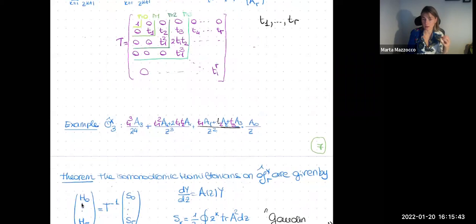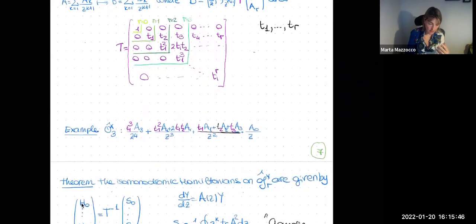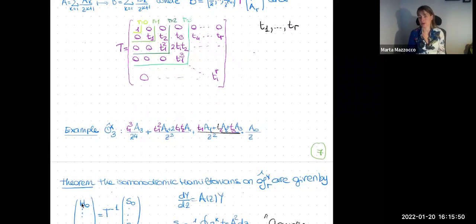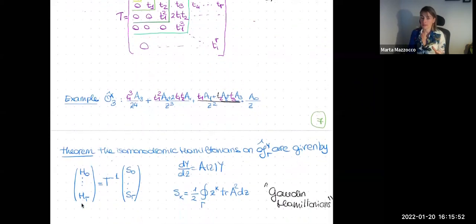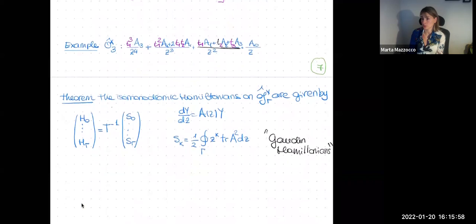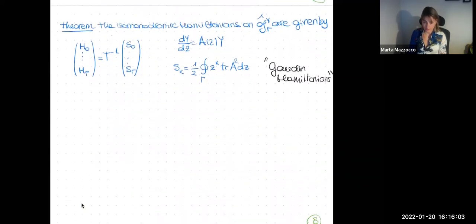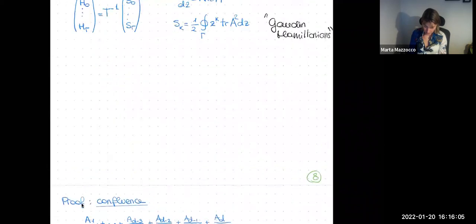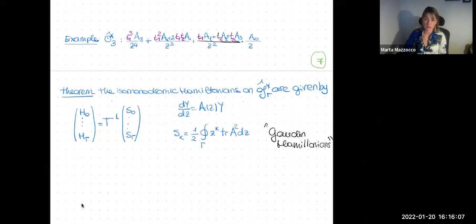Somehow the Poisson morphism class of these products of coadjoint orbits is fundamental, both to tell you how to start the isomonodromic deformations, but also how to compute the Hamiltonians. Okay. So to prove these results, I will maybe only give you some ideas.